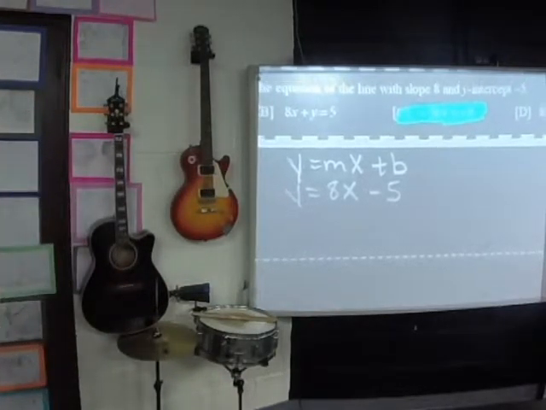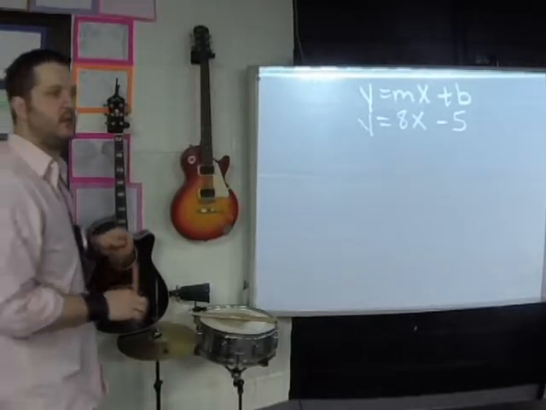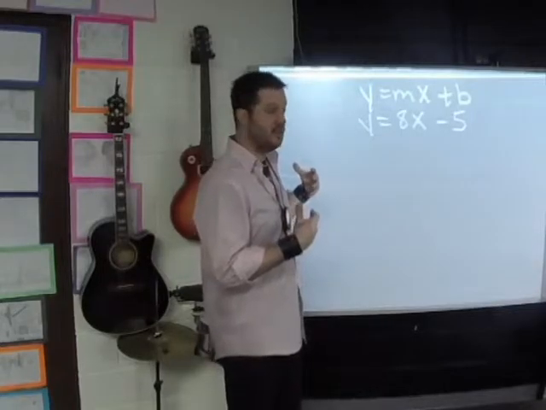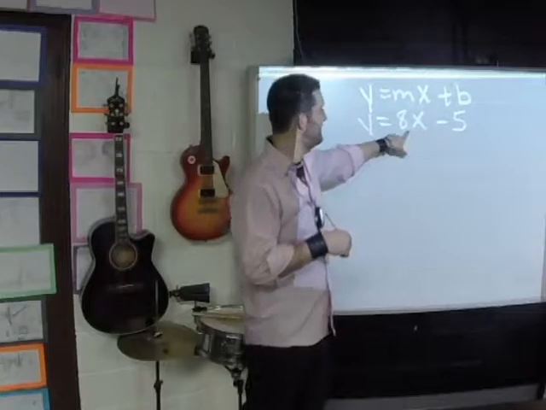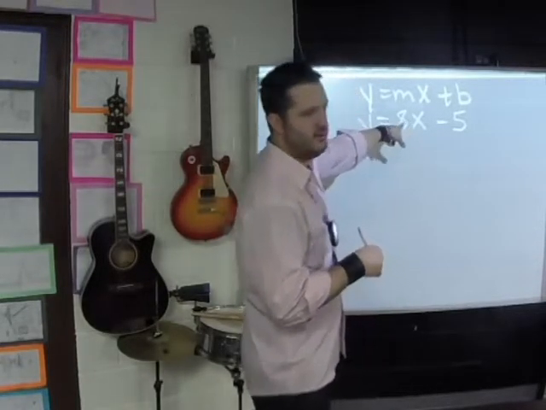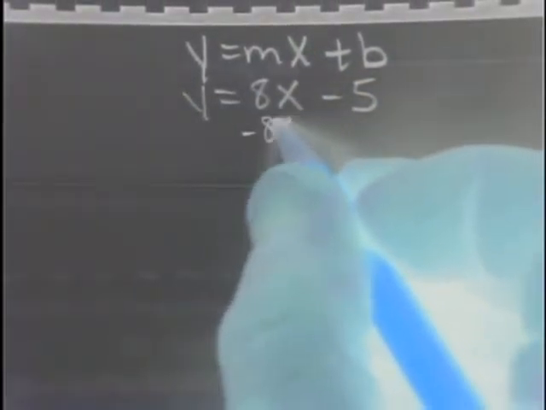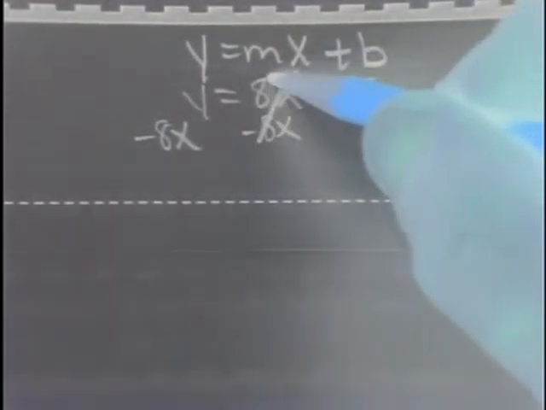If I want standard form, what needs to happen? What needs to move? X and y. On the left side, we want to start out with the x piece, then the y piece, and the number piece goes over there. So this x piece is on the right. How am I going to move it? Minus 8x on each side. Minus 8x here, minus 8x here. This will cross out.